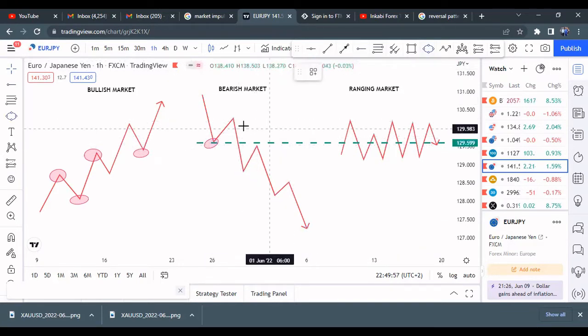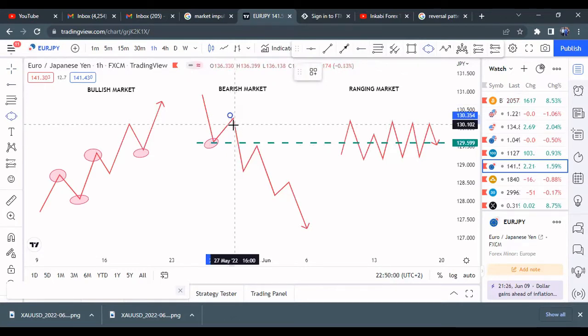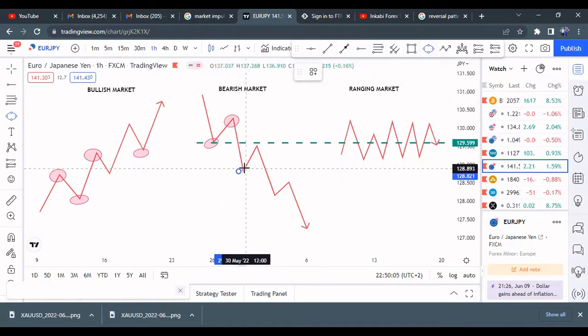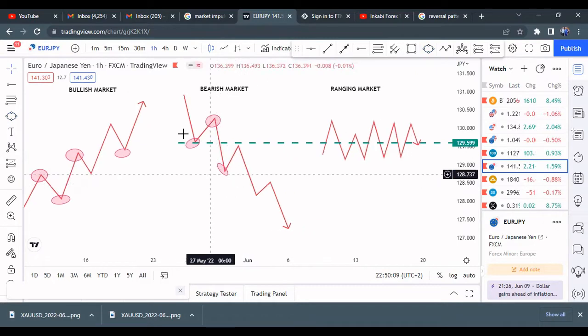Right, so let me do the same thing on this one. Okay, we have this and then this thing here. So we have the first leg, and then price goes down, and then it corrects up, and then impulsively goes down.